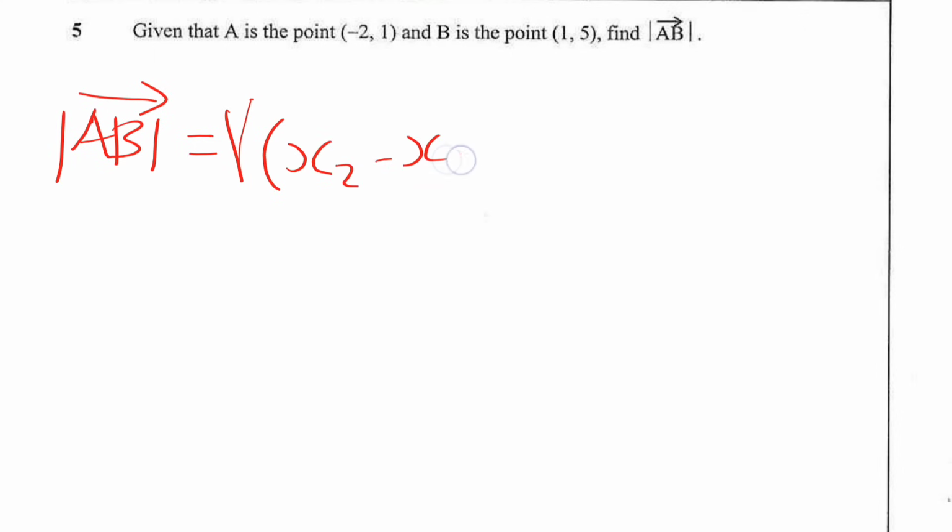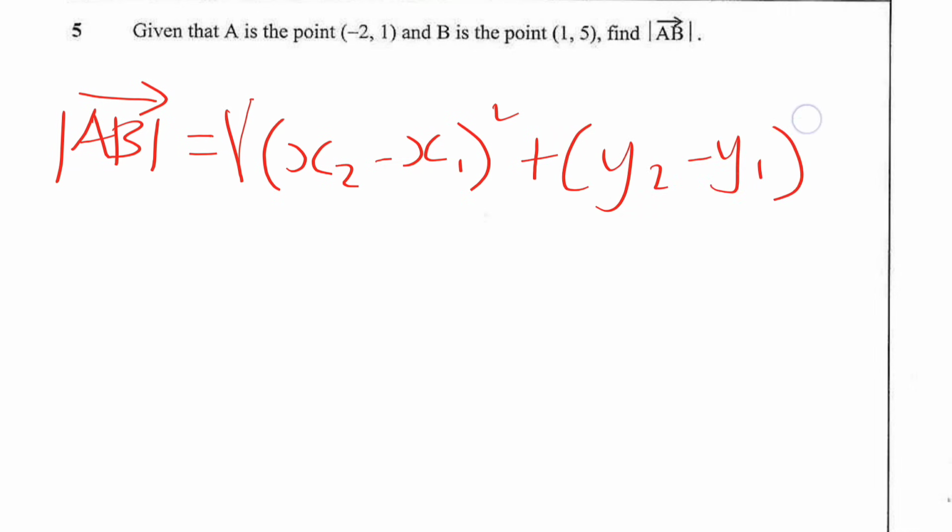Okay. Now, since we have 2 points here, this is the formula we're going to use. We're going to say the magnitude of vector AB is equal to the square root of (x2 minus x1) squared plus (y2 minus y1) squared.